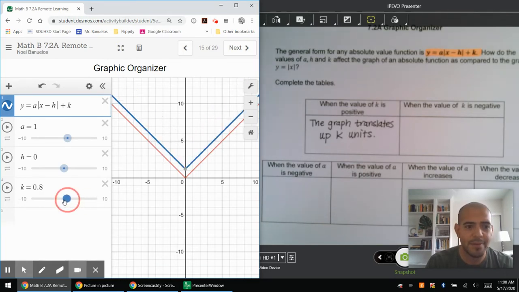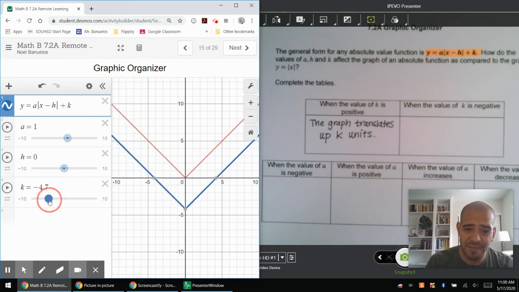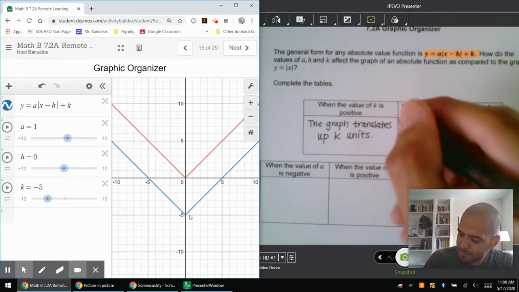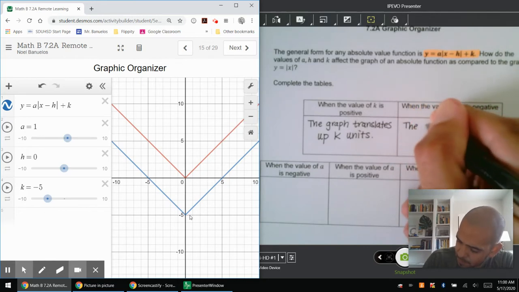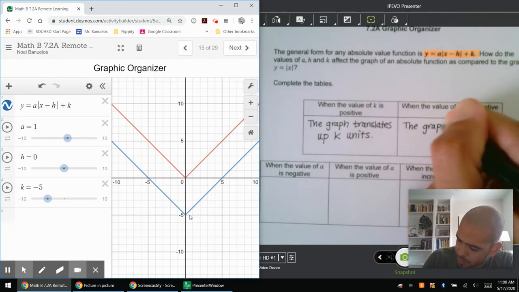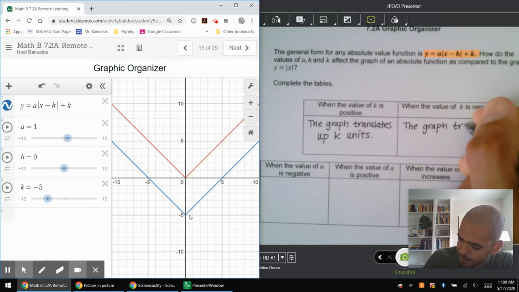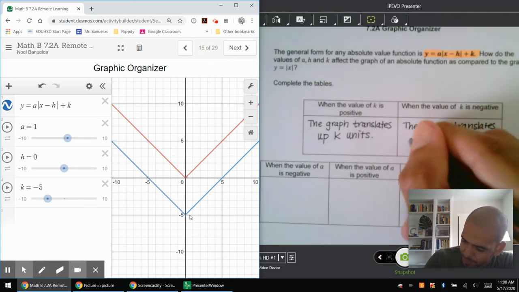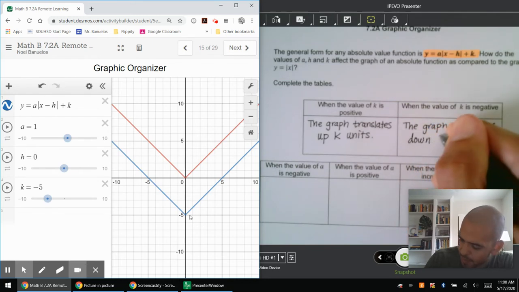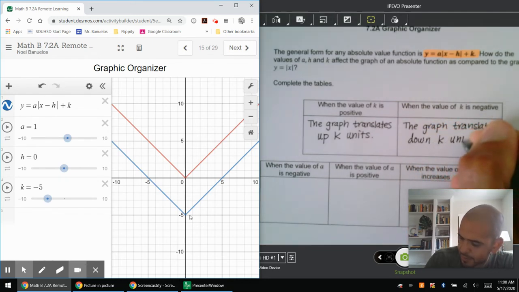So what happens when k is negative? What happens to my graph? The graph translates down k units.